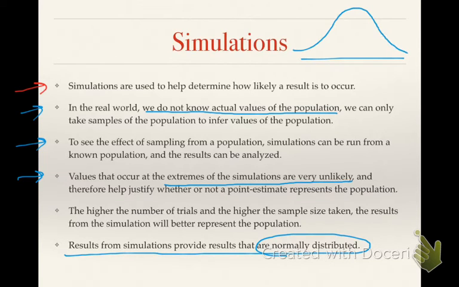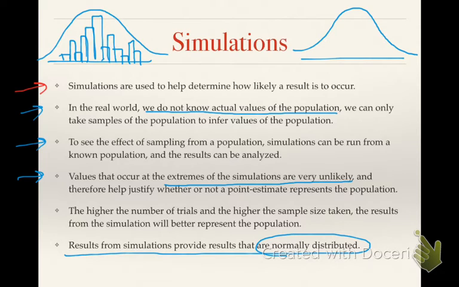So if I were to look at a set of normally distributed sample means from the simulations, of course your histogram might look something like this. It might not actually look perfectly normally distributed, but it will follow the general shape of a normal distribution. Then anything that occurs in the extreme high end and the extreme low end of the normal curve is very unlikely.